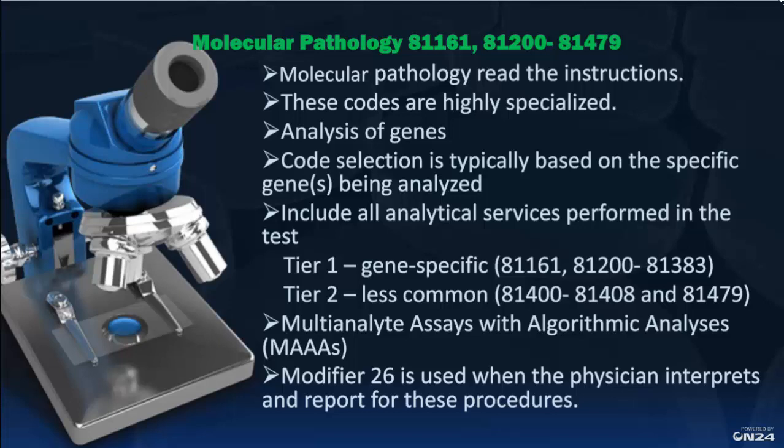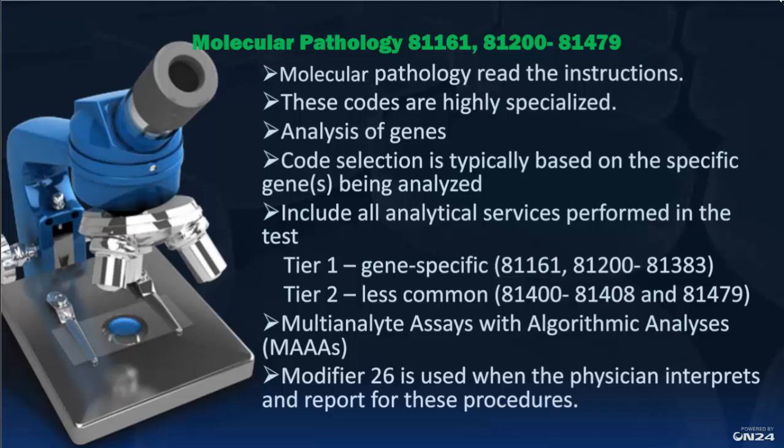These codes are highly specialized. Their analysis is based on the use of genes. Codes in this section are typically based on specific gene types. They include analytical services performed in the test. Tier 1 gene-specific codes are 81161, 81200 to 81383.